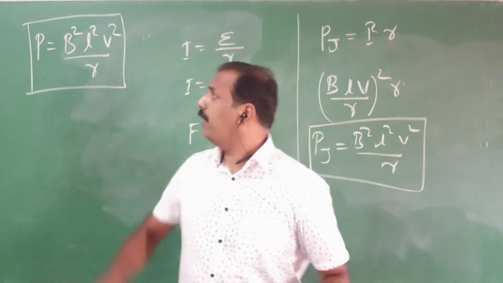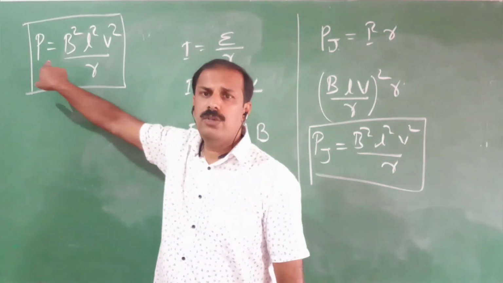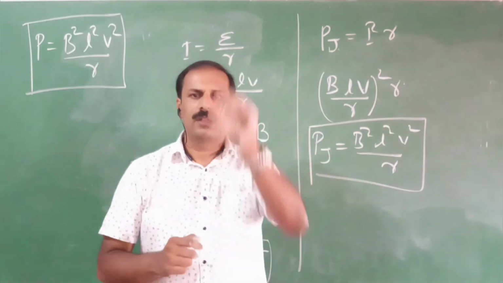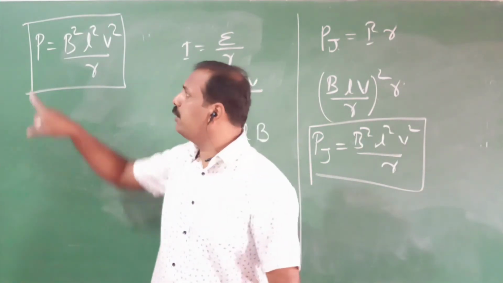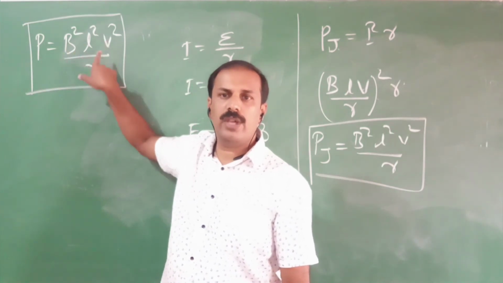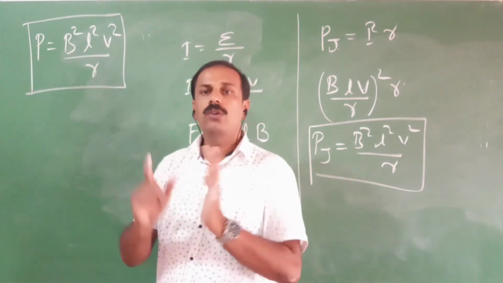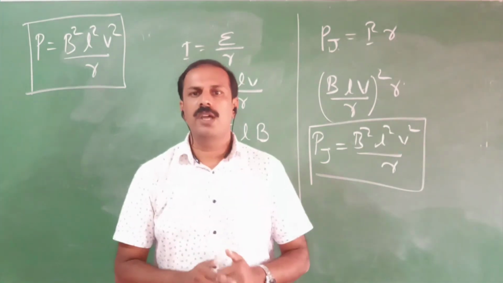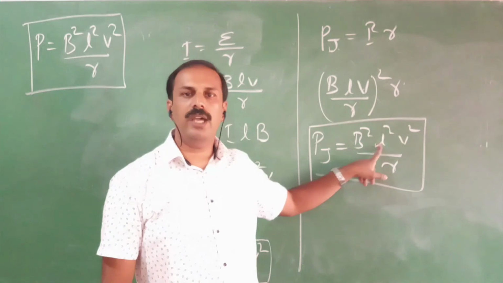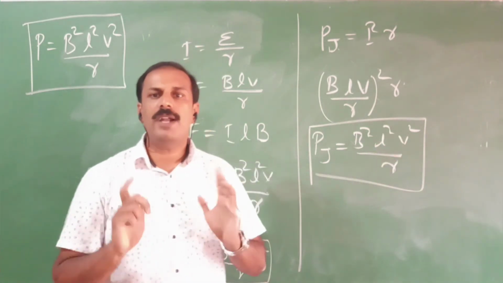Now you can see here one equation. What is this equation? When you think about the mechanics, you are doing some work to move the rod in the magnetic field. For that, the power is given by P equal to B square L square V square divided by R. Now if you think about the heat produced, how much is the heat produced? That is also B square L square V square by R. So what is the meaning of that?